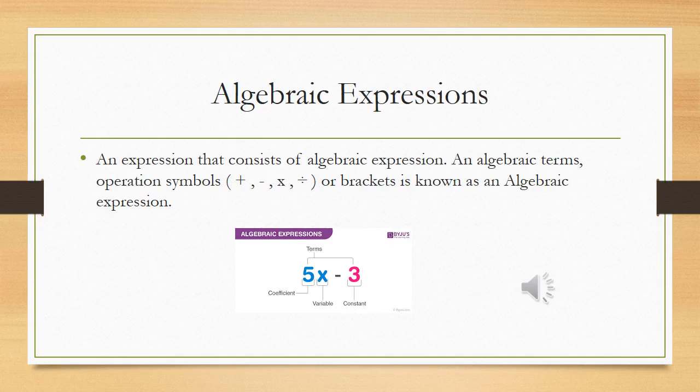Basically, there are mainly three types of mathematics: arithmetic, algebra and geometry. Arithmetic is the basic concept which we use in our daily lives. Geometry is related to shapes, spheres, triangles, rectangles and so on.